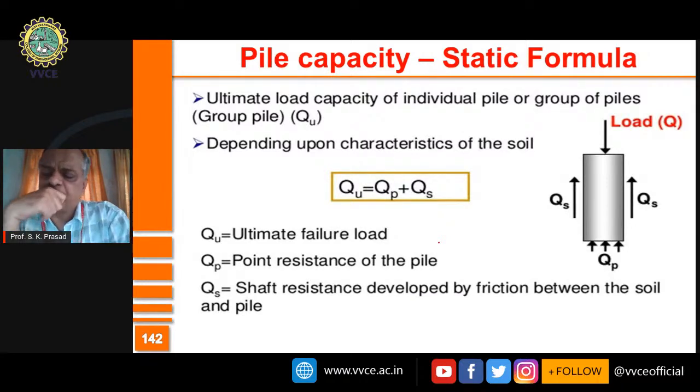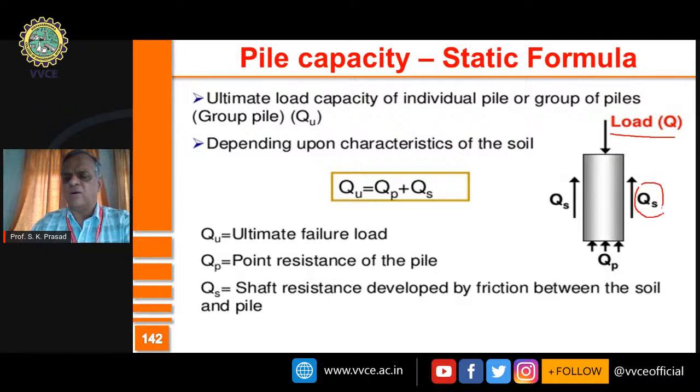One of the important requirements of pile foundation is to find its capacity, how much load it can carry. And as I mentioned earlier, the total load it can carry is equal to the load it can carry along the surface plus the load it can carry at the base or tip.